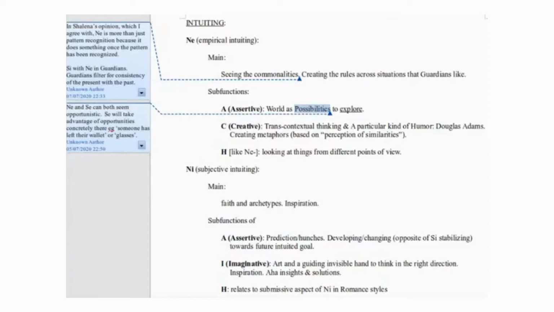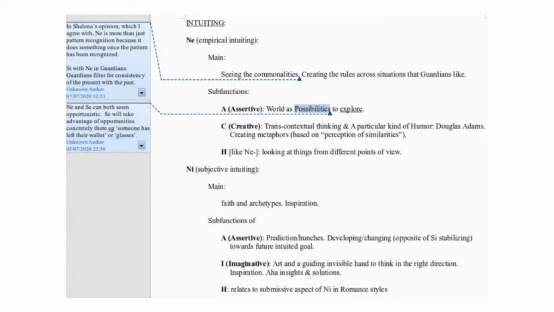Faith and archetypes, inspiration. Yeah, and I will admit again, NI, it's a weird one. It's a very weird one. Prediction and hunches, developing and changing towards a future intuitive goal. And there was talk about cycles regarding this. Imaginative art and guiding invisible hands to think in the right direction. Inspiration, aha, insights into solutions. Okay.